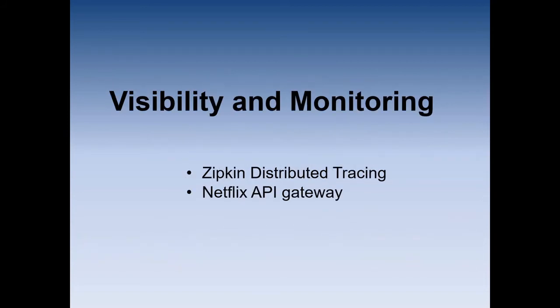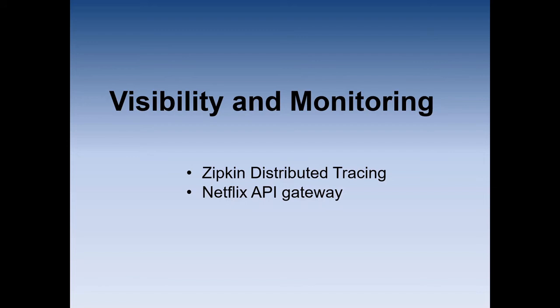Now another challenge was visibility and monitoring. So how will one come to know what is going on inside the microservices, and how will you monitor them, because there are a number of microservices?